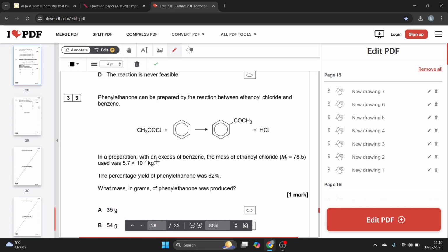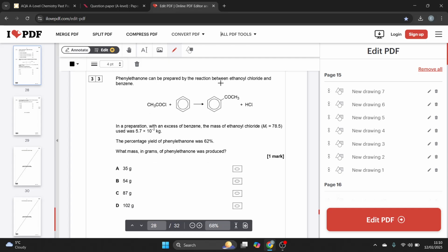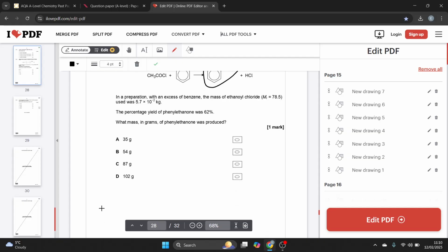Question 33. Phenyl ethanone can be prepared by the reaction between ethanoyl chloride and benzene. In a preparation with excess of benzene, the mass of ethanoyl chloride was that. Percentage yield was that. What mass of phenyl ethanone was produced? So first things first, I want to find out the moles of ethanoyl chloride.